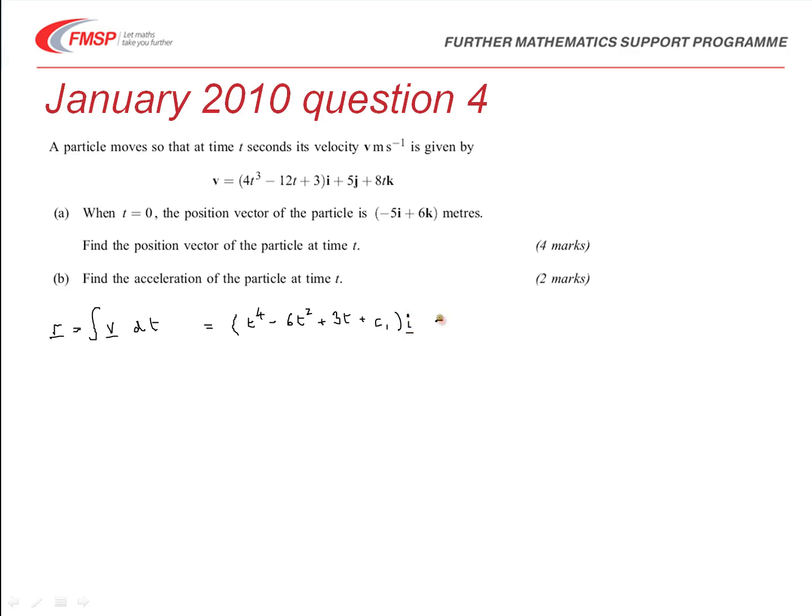Similarly, if I integrate the 5j, that will just be 5t plus again a constant of integration, call that c2. And then finally the integral of 8t will be 4t squared, and again plus some constant of integration, which I'll call c3.